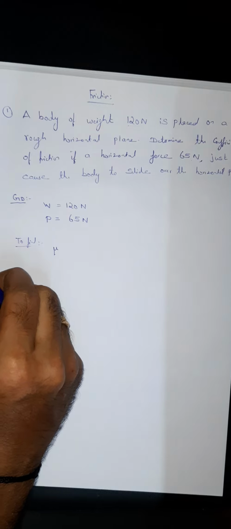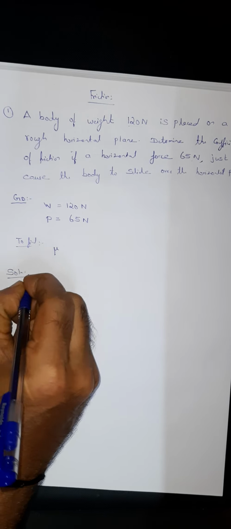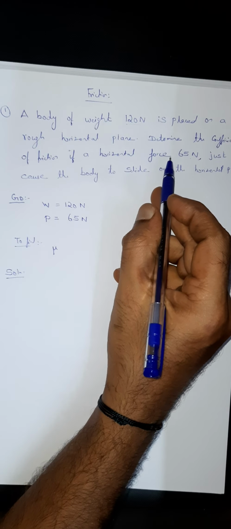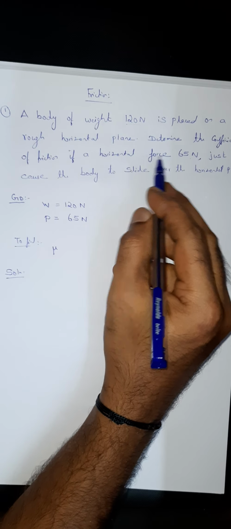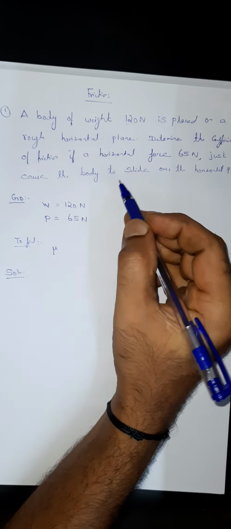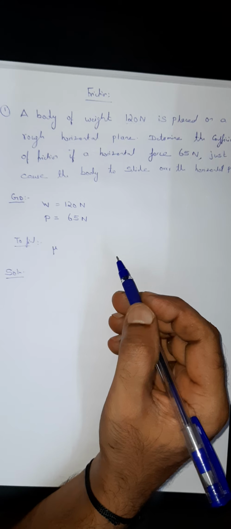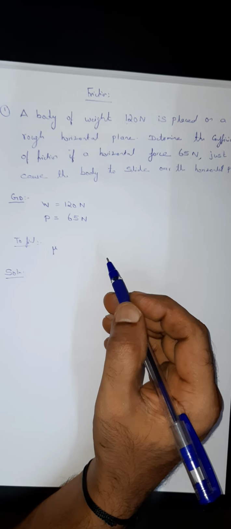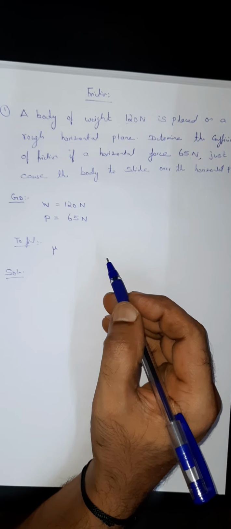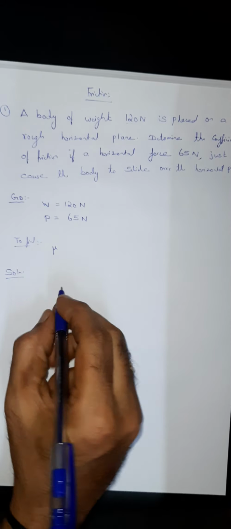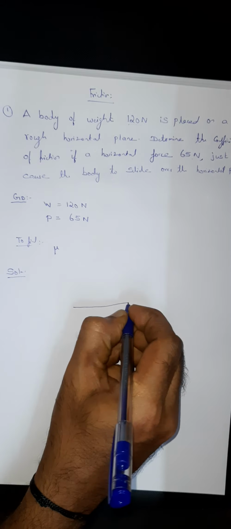So, solution. Since it is not mentioned in which direction this body is moving, let's assume the body started moving in the positive x direction. So this is the horizontal plane.